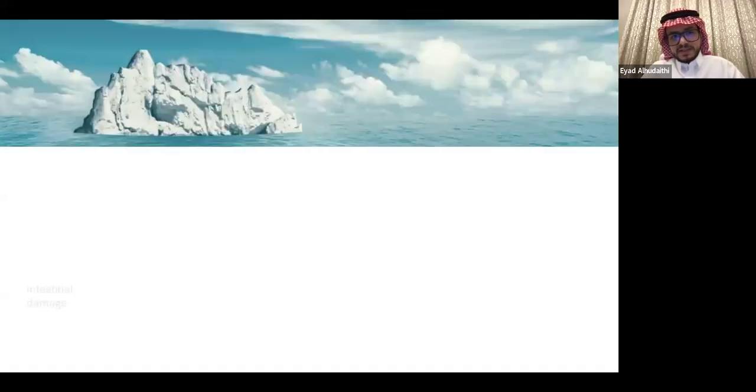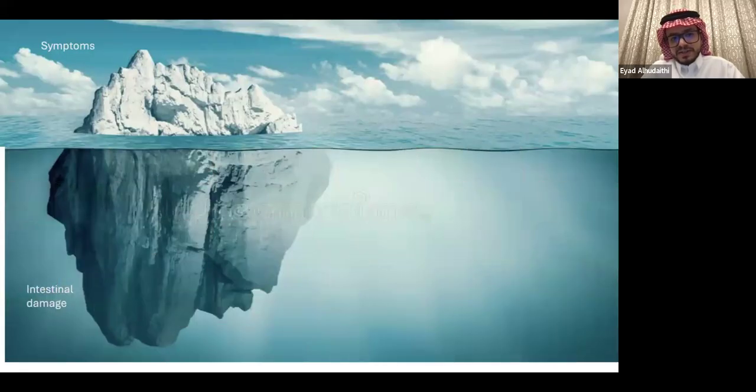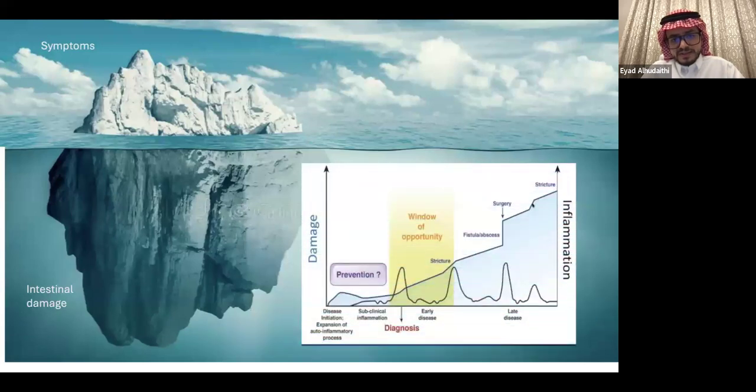And again, symptoms can just present the tip of the iceberg, but what's beneath the iceberg is ongoing intestinal damage. And if you can see here, it's like a roller coaster of relapse and remission, but the blue shaded area shows that there is ongoing activity of the disease.